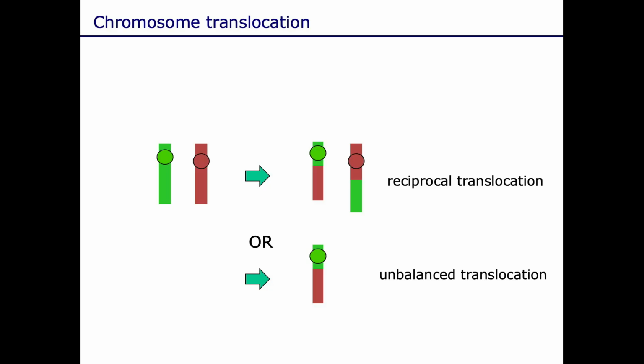But in many adult cancers, you get unbalanced translocations, which can either arise through the loss of one of the reciprocal pairs or by extra copies of bits of chromosome being joined together in some as yet unknown process.